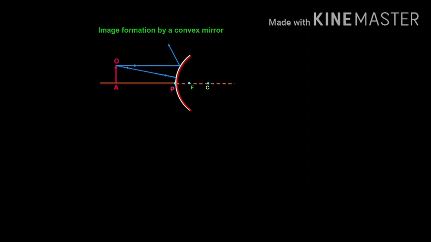One is parallel to the principal axis, and if I extend it, it will pass through the focus, and the second one is targeting the center of curvature, so it will return back. In this case also the reflected light rays are diverging, so they cannot form a real image. On extending the light rays on the back side of the mirror, they will intersect and the image will be virtual. And it is clearly seen that the size of the image is very small, and the image is erect with respect to the object.